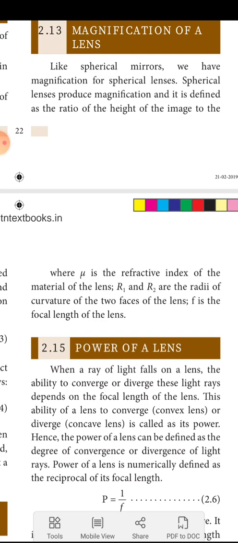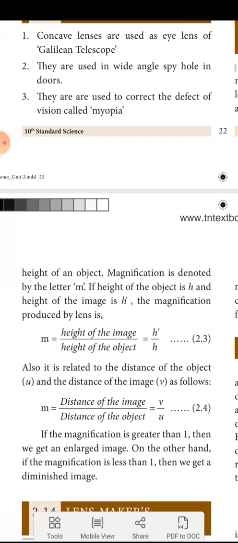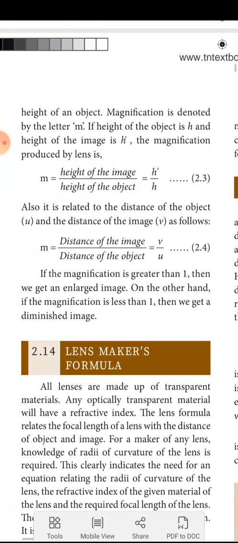Spherical lenses produce magnification, which is defined as the ratio of the height of the image to the height of the object. Magnification is denoted by the letter M. If the height of the object is h, for example, it may be 2 or 3 centimeters, and the image is magnified, it will be more than 2 centimeters: 3, 4, 5, depending upon that.